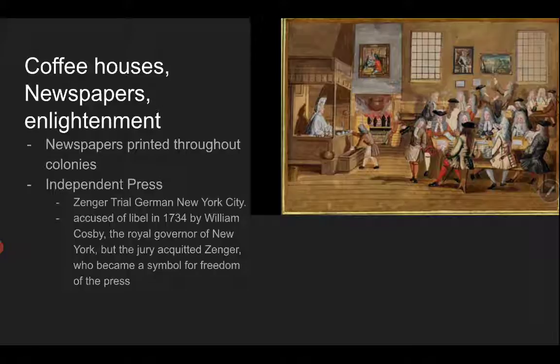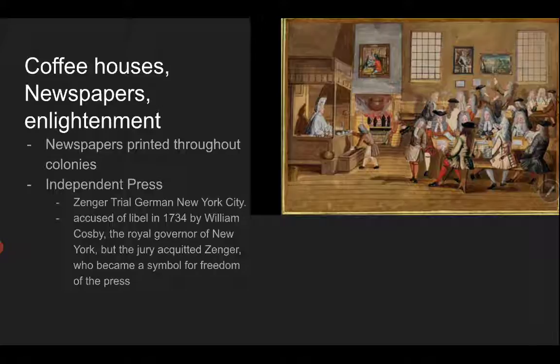The other thing that is kind of connecting the colonies together are coffee houses and newspapers and the Enlightenment. It seems kind of contradictory, but you even get people like Ben Franklin, who is kind of into both in a weird way. Anyway, so newspapers are important to the colonists, and they did have a really independent press.